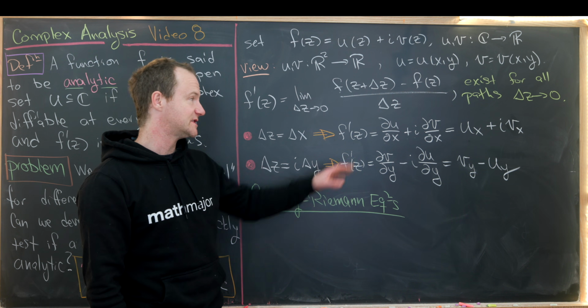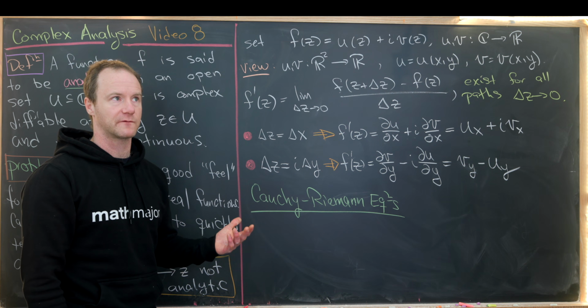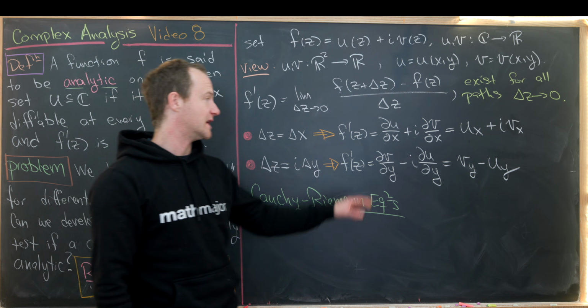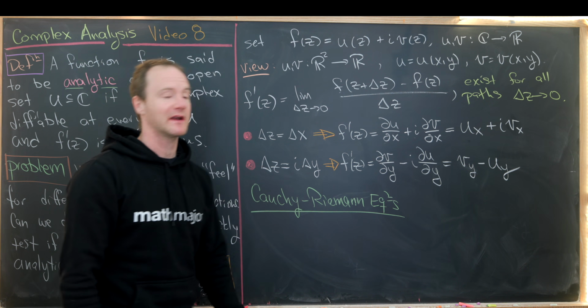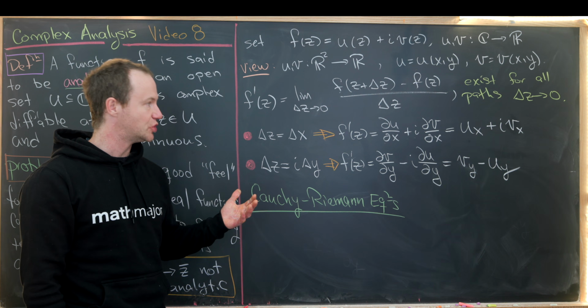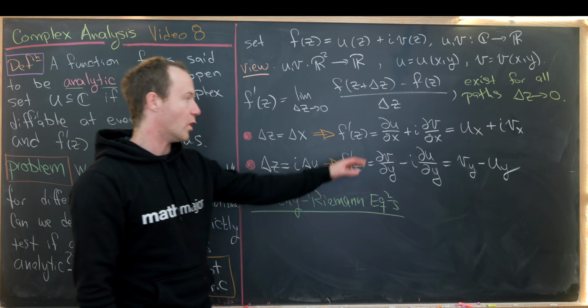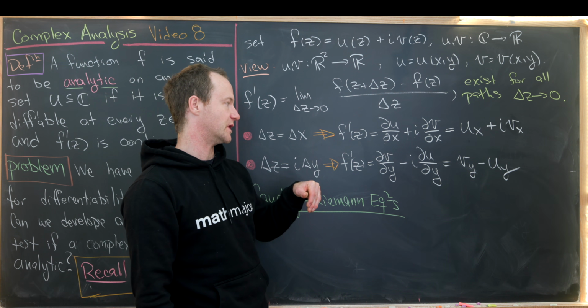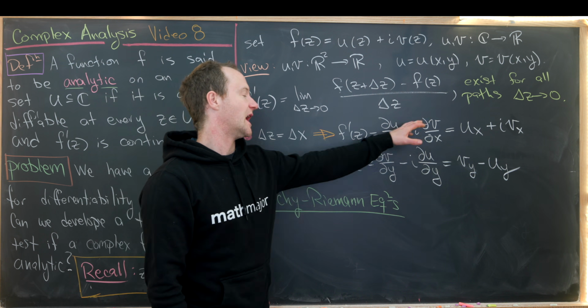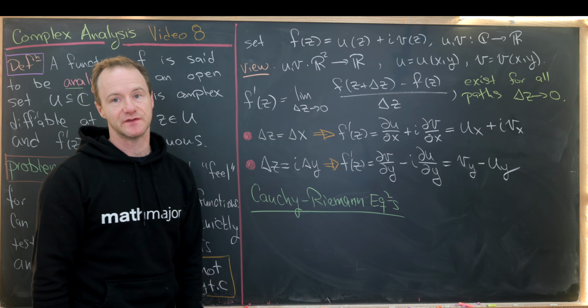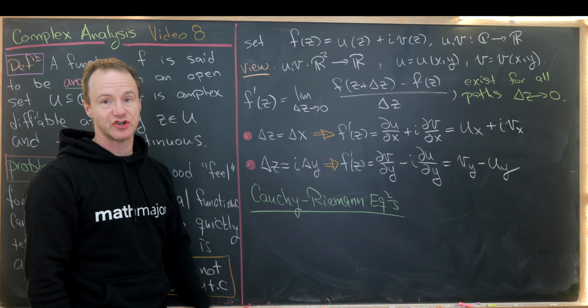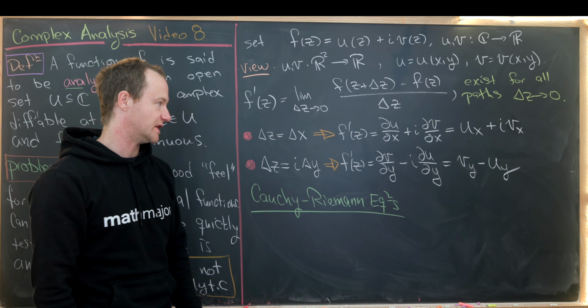But like I said, these two need to be the same in order for f to be analytic. But since this is broken up into real and imaginary parts, that gives us two equations, one equation for the real parts of each of these, and one from the imaginary parts of each of these. And those equations are known as the Cauchy-Riemann equations.